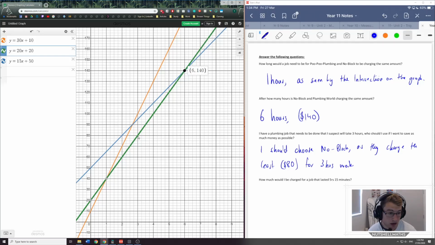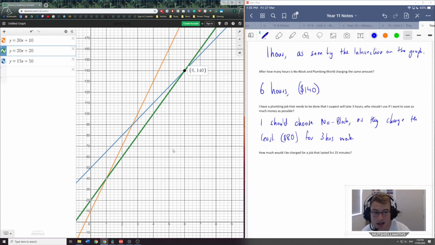Last question, and then we're done. The last question: how much would I be charged for a job that lasts 5 hours and 15 minutes? I'm going to wait for some answers here. How much would I be charged for a job that lasts 5 hours and 15 minutes, if I go for the cheapest job?